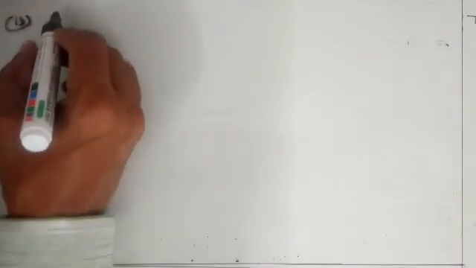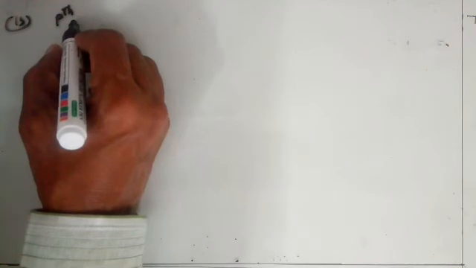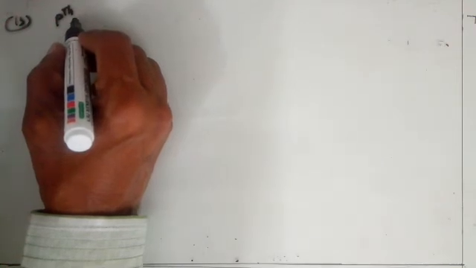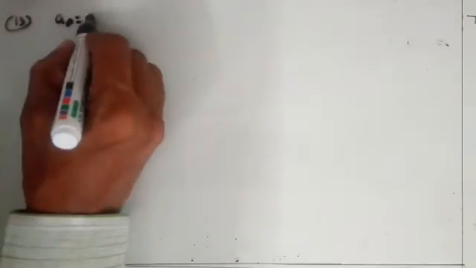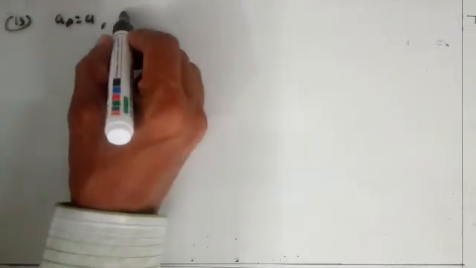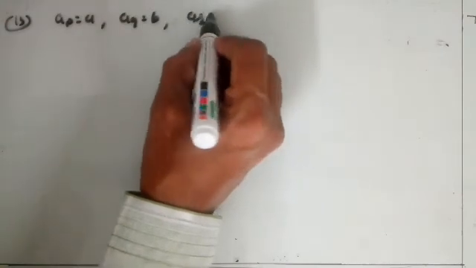Now question number 15. If the pth, qth and rth terms of an AP are a, b, c, here the pth term a_p is equal to a, the qth term a_q is equal to b, and the rth term a_r is equal to c.